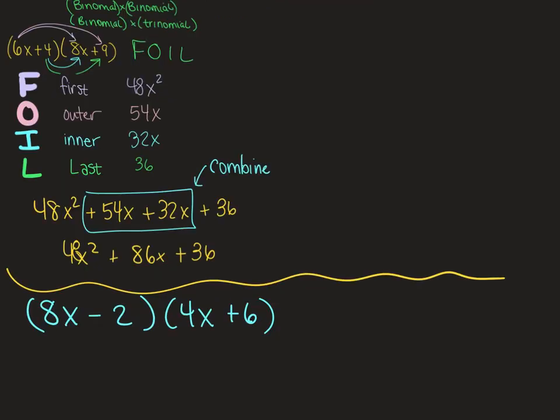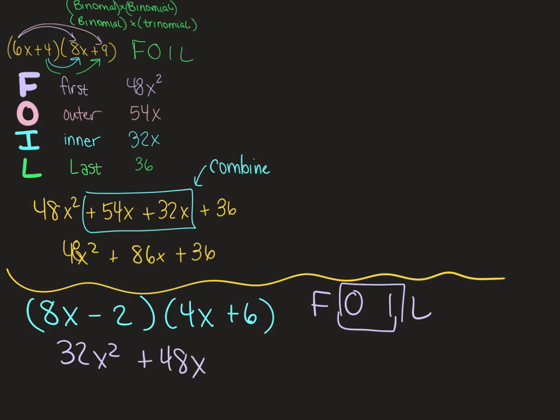All right, so let's try this question. We're going to do first, outer, inner, last. Outer and inner we'll have to combine like terms and come up with the final answer there. So first is 32x squared. 8x times 4x. Those are our first numbers. Our outer numbers, 8x and 6. That makes 48x's.